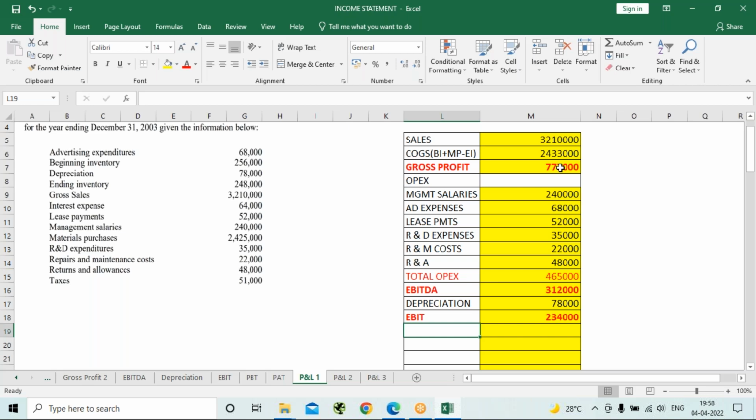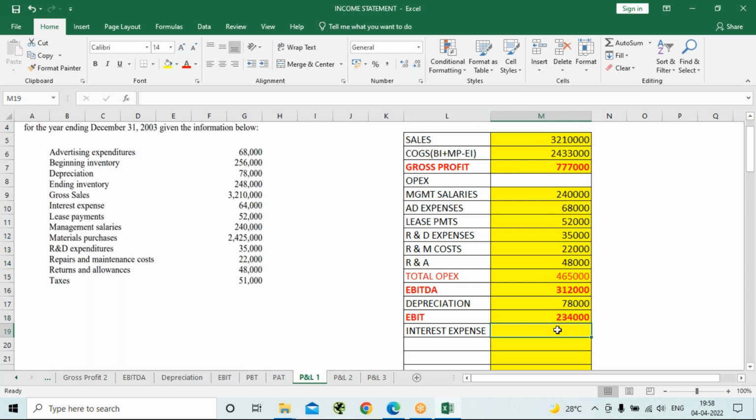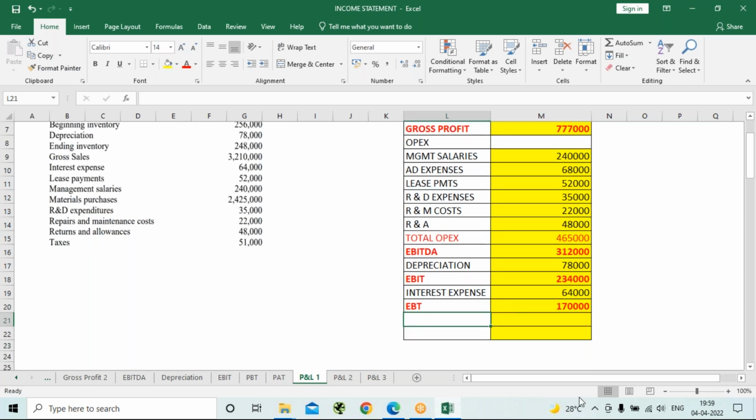Then what to be done next? Interest expenses. So we have to reduce with interest expense, with the value of 64,000, and this value is considered as the EBT value, 2,34,000 minus 64,000. So now the next thing is minus tax.